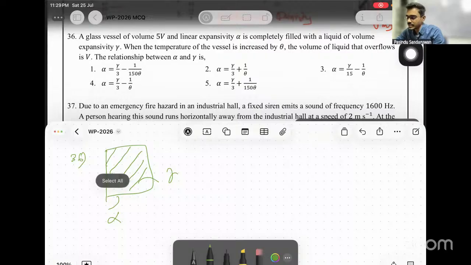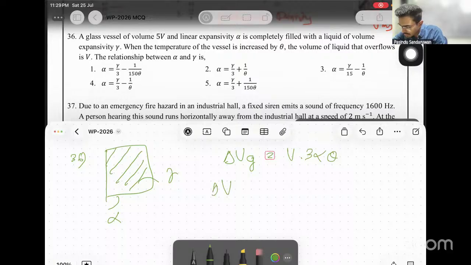Okay, then when this is heated, let's say the increase of volume of the glass is given by V1. V1 is given as V1 gamma theta. Gamma of the glass is 3 alpha theta.